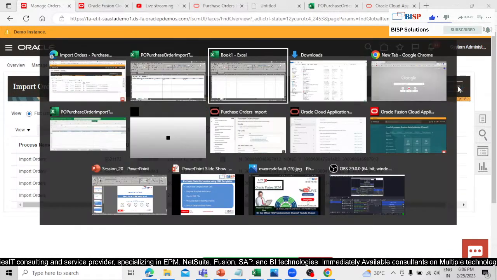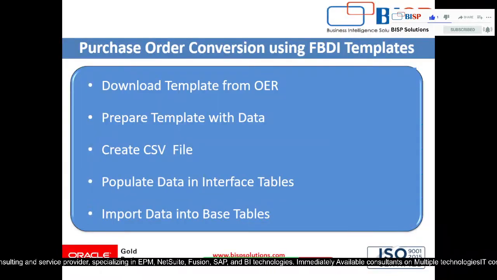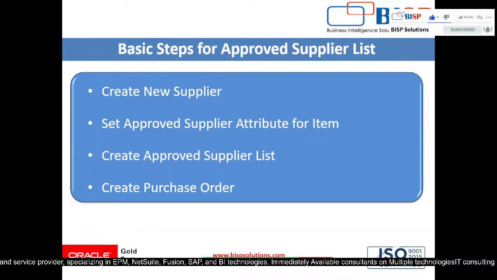Now let's move to our next topic, approval list. So how to set our supplier for our specific item. Suppose we have the item laptop, and we have already selected the supplier for this item.